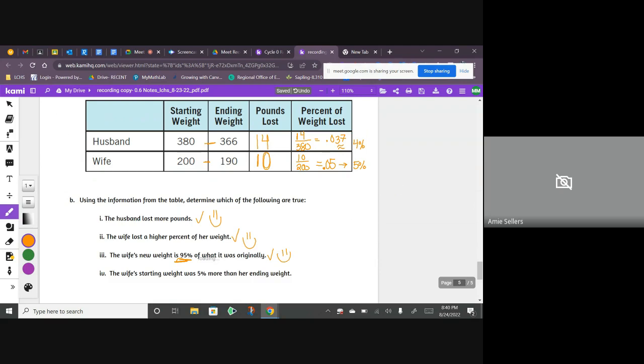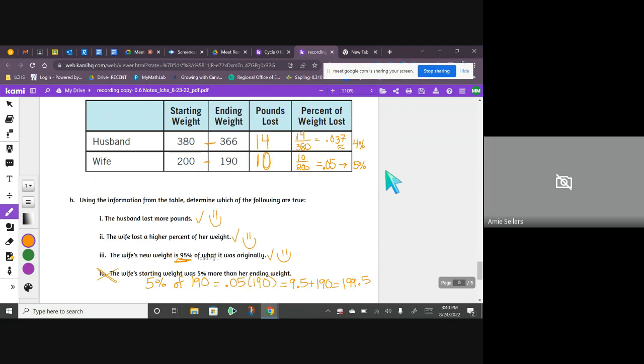And the last one, it says the wife's starting weight is 5% more than her ending weight. So if we take 5% of her ending weight, 190, we would find that 0.05 times 190 is 9.5. And if we added that to the 190, it's not quite at the 200.